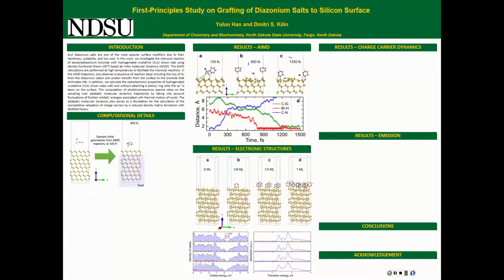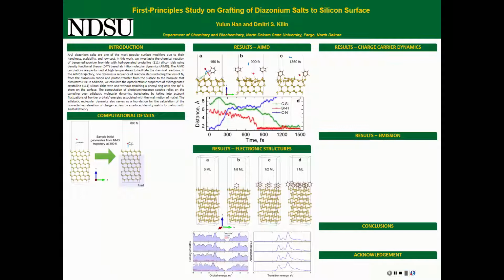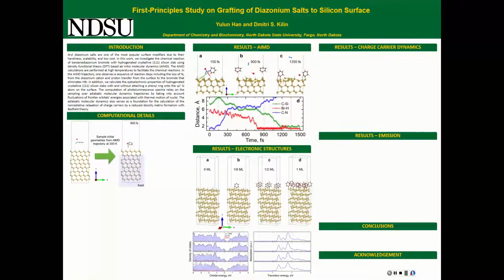So this is my model. To figure out the chemical reaction, we use ab initio molecular dynamics. And this is my geometry optimized model. First we run a specific temperature molecular dynamics to sample from the trajectory.